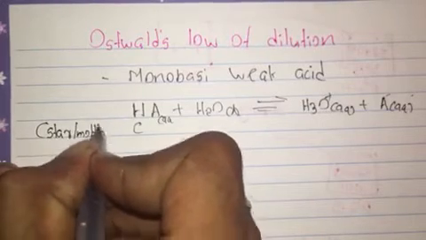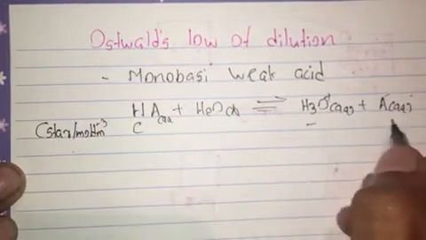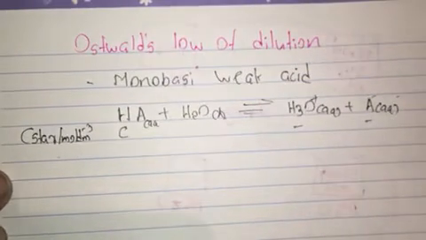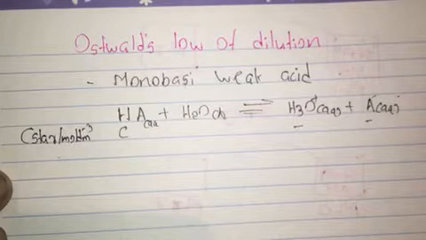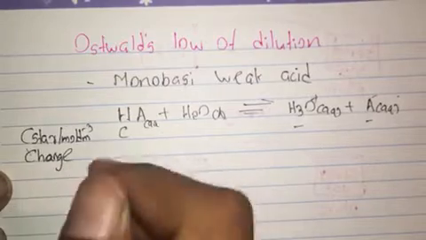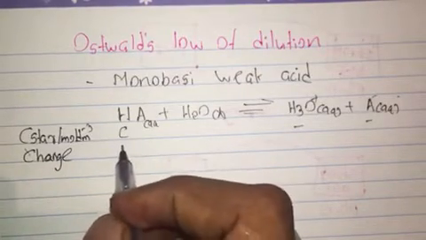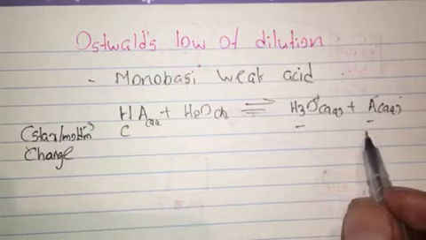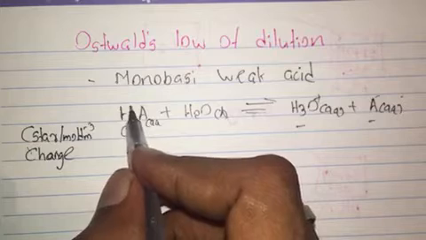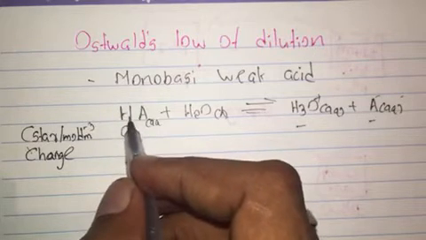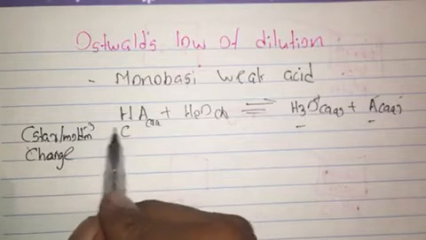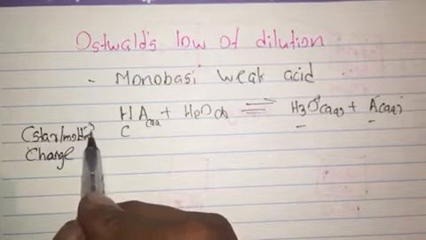C mol dm^-3 at the starting point, with no H3O plus and A minus ions in the medium. To reach equilibrium, this HA acid converts into H3O plus and A minus. We use alpha as the degree of dissociation of HA acid. Now we have C mol dm^-3 solution.